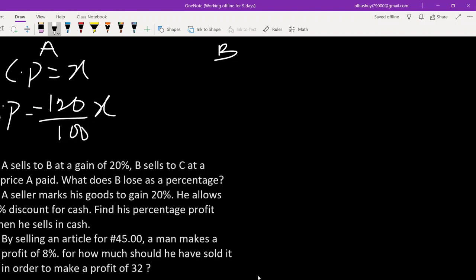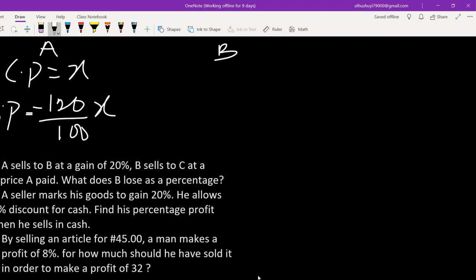So once you are given the percentage profit, you can write your selling price as this: the 20 plus 100 making 120 divided by 100, then times the cost price.